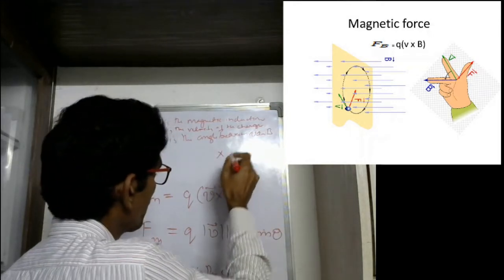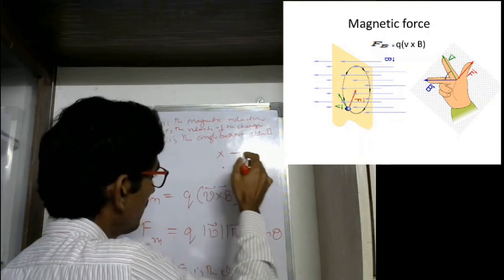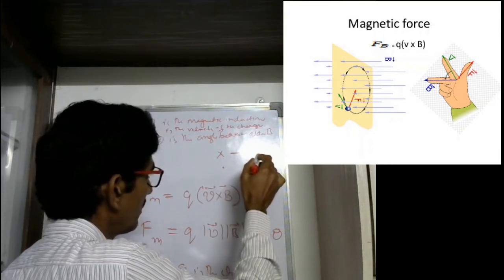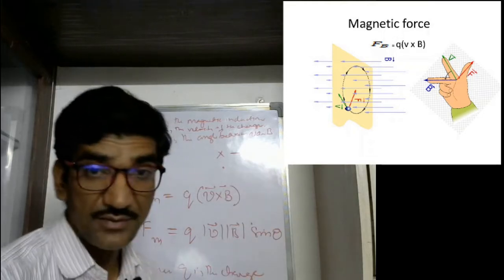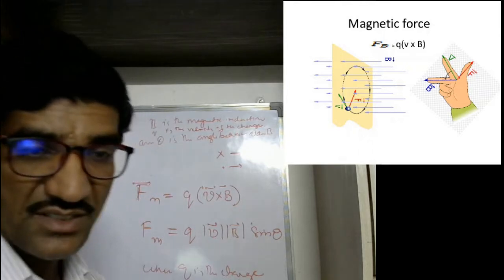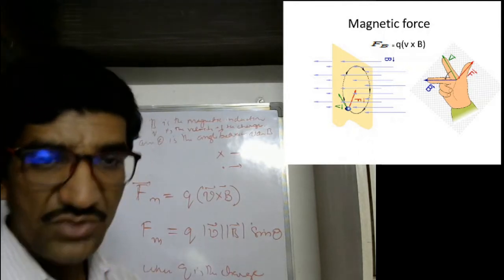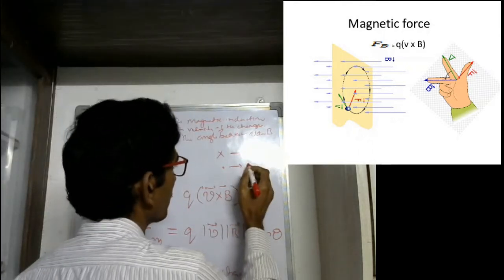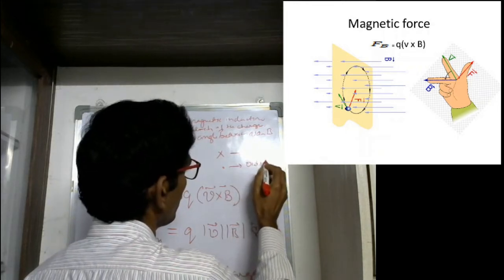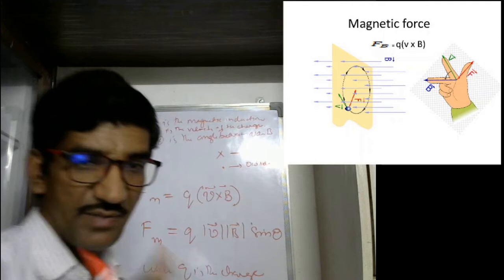This gives you the direction of the magnetic field outside the paper or the plane.